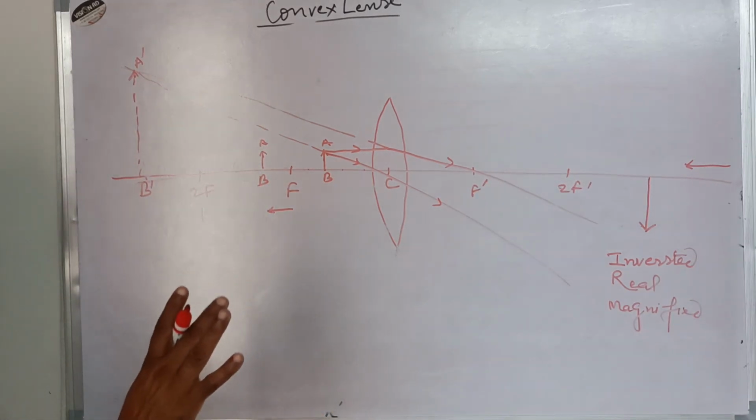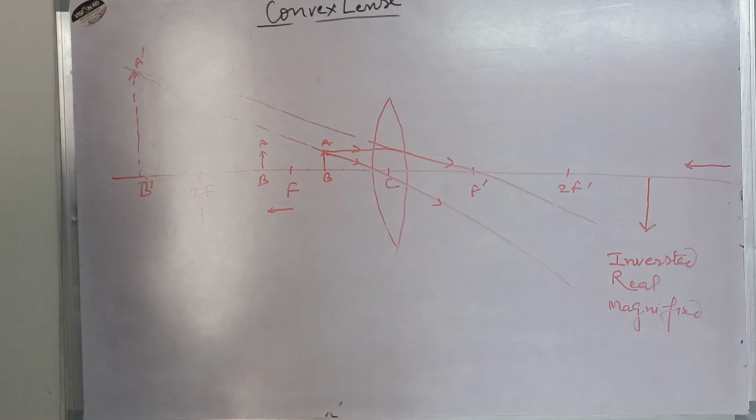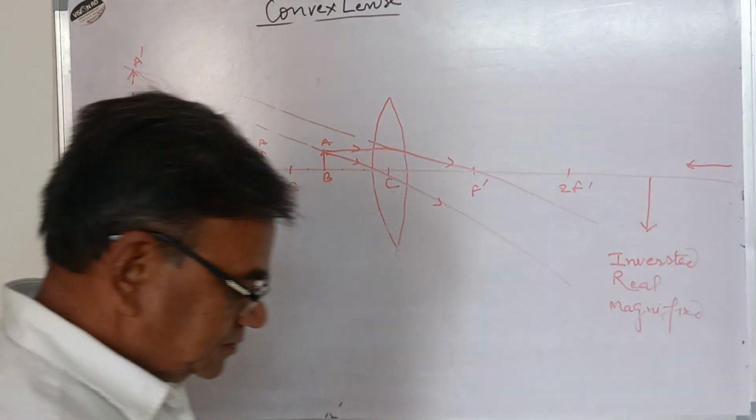At 2f and 2f dash, these are the positions where the object and image are of equal size.